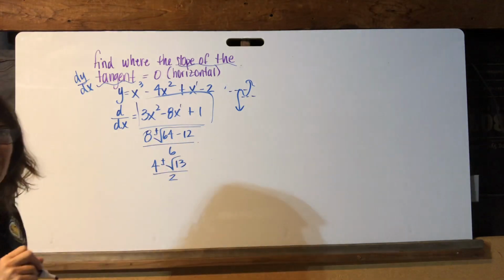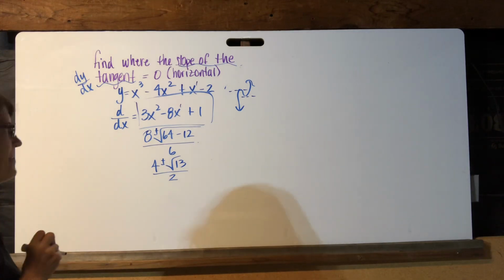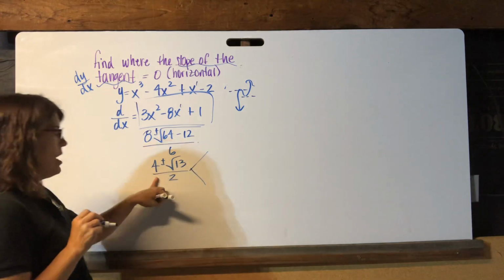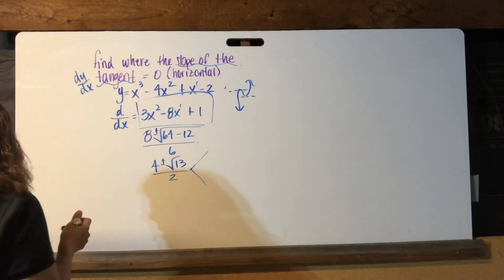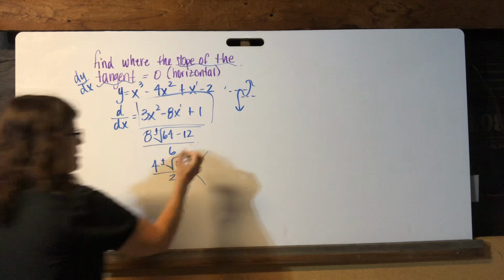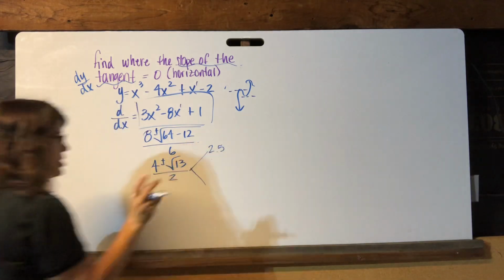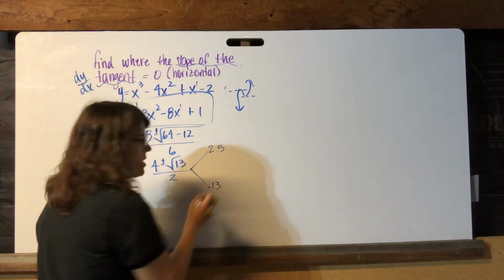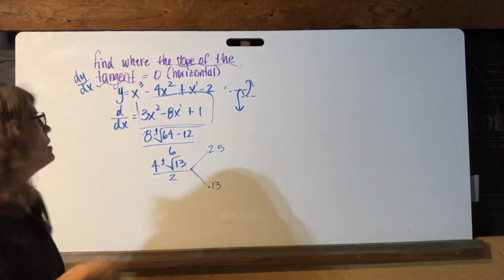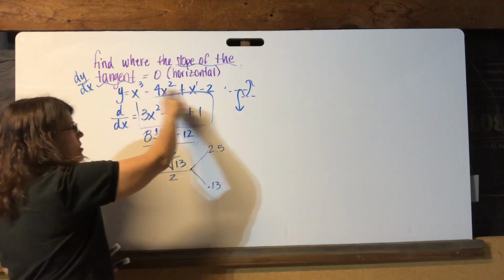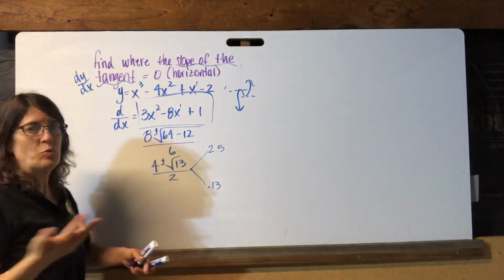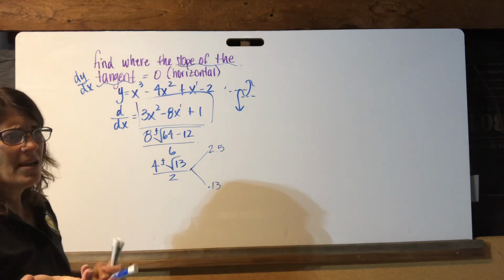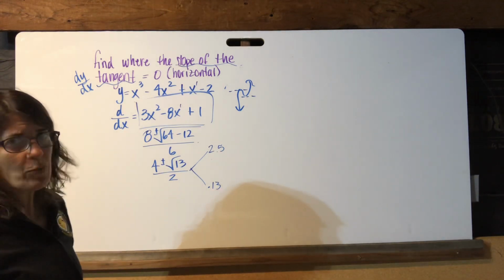I know it's right because I did the problem before I started the video. This is what I highly recommend you do. I plugged this into my calculator and I got about 2.5 and 0.13, so almost 0. I recommend you plug this into your calculator and do a zoom 6, because you were probably doing tangent lines with differentiation on your calculator last chapter.